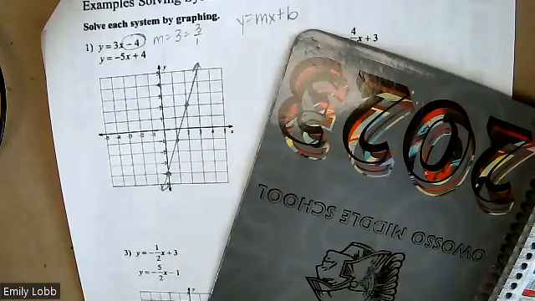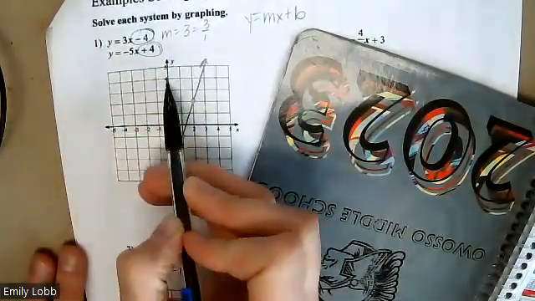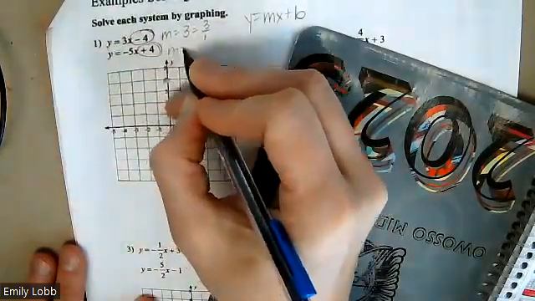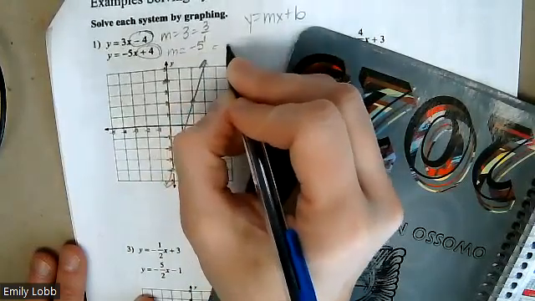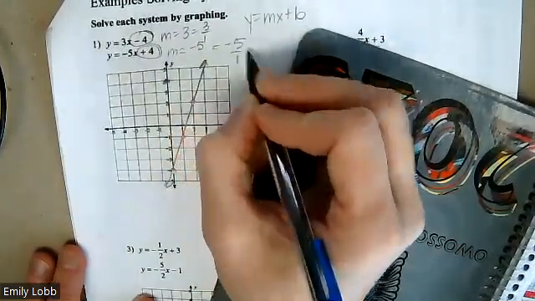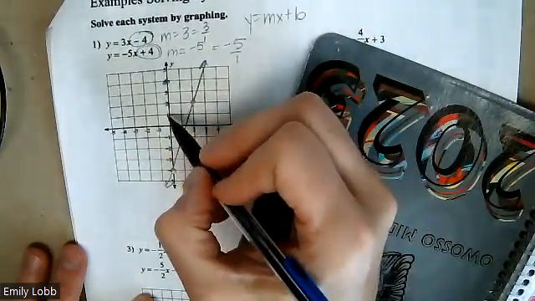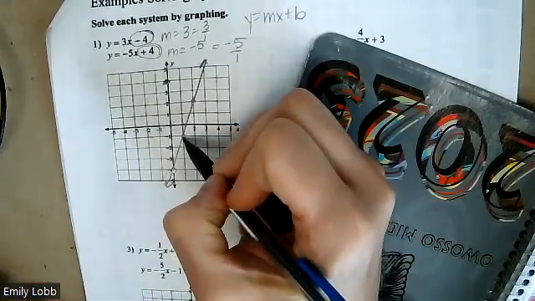And then we're going to do the same thing with the second equation. Here's your y-intercept. Here your slope is -5, which we can write as -5 over 1. So 5 down, 1 to the right. So 1, 2, 3, 4, 5, 1 to the right. You're already on the line there.